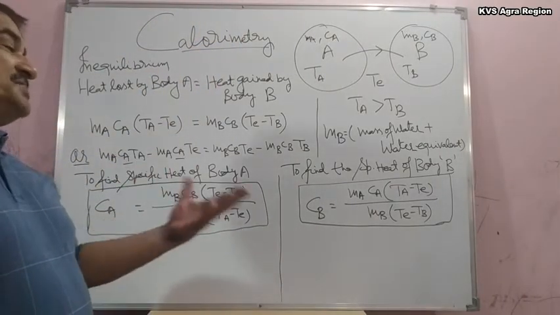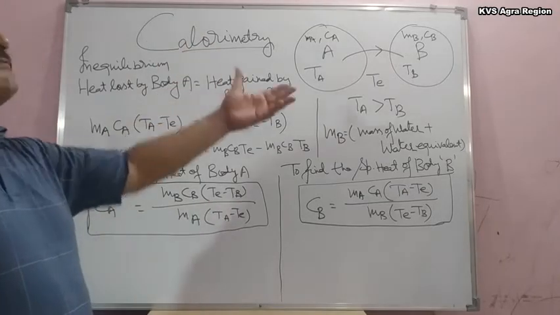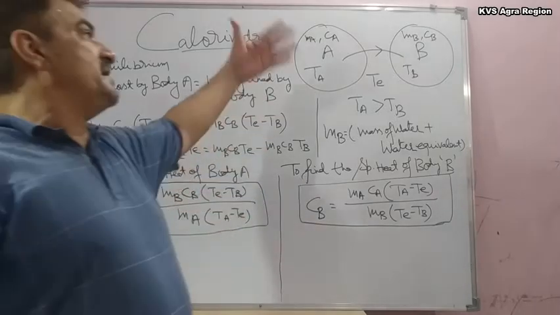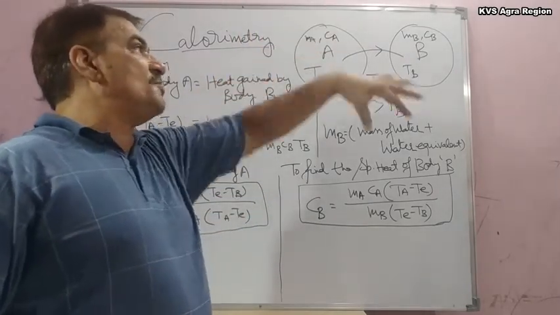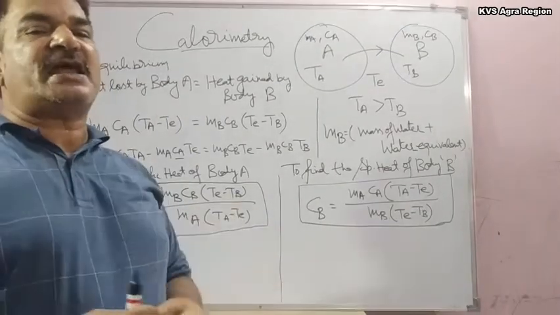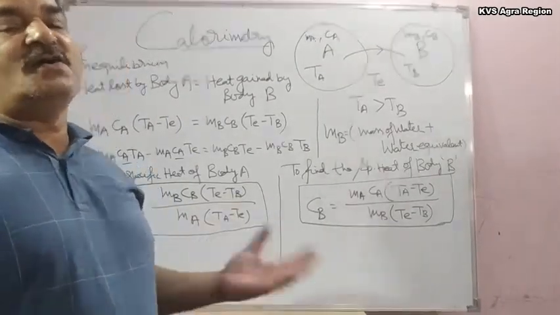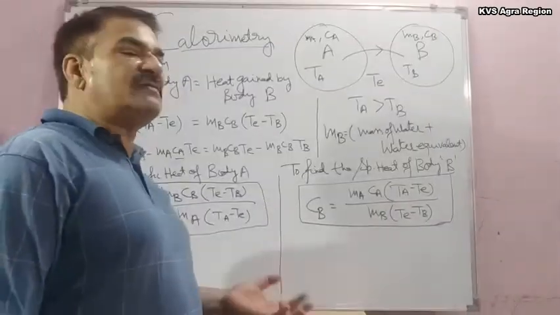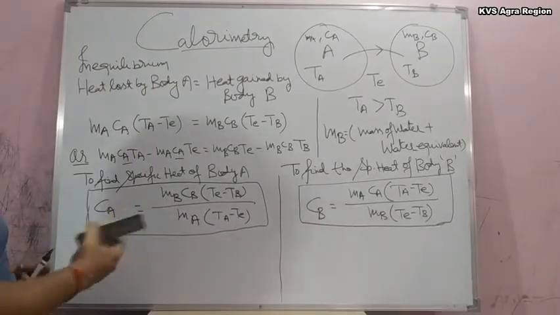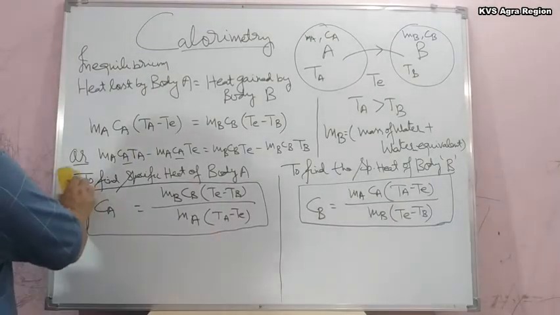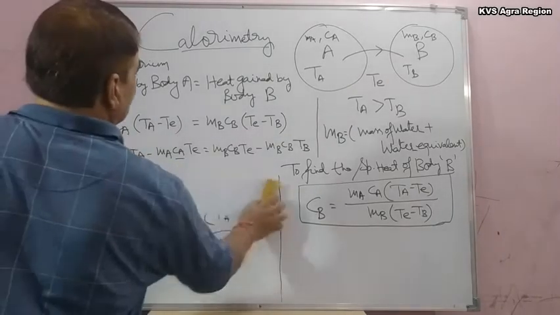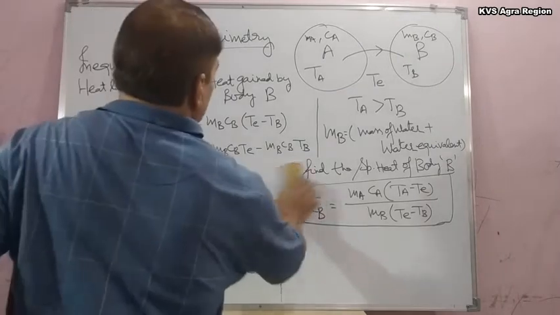And the question can be regarding finding the equilibrium temperature. If body A is initially at temperature TA, and body B is initially at temperature TB, when these two are kept in contact, then what will be the equilibrium temperature? What will be the common temperature? So we can be asked to find this TE. Then what will we do?